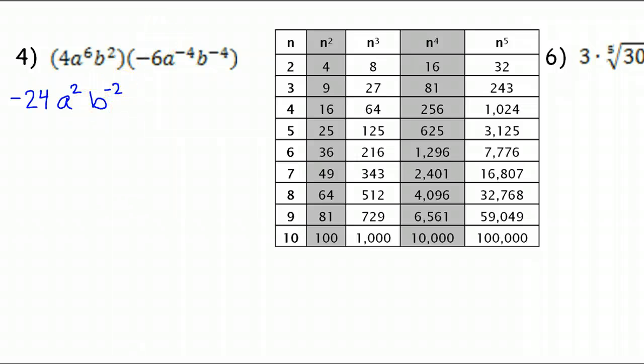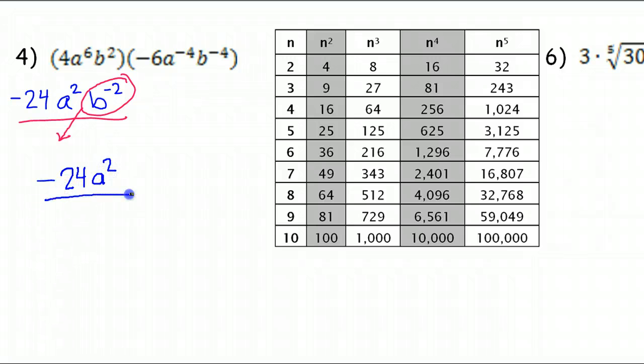Now, anything with a negative exponent is going to move to the other side of the invisible fraction line, like this. Notice that 24 is not going to move because it is not an exponent. So that is going to give me a final answer of negative 24 a squared over b squared. And that is it for number 4.